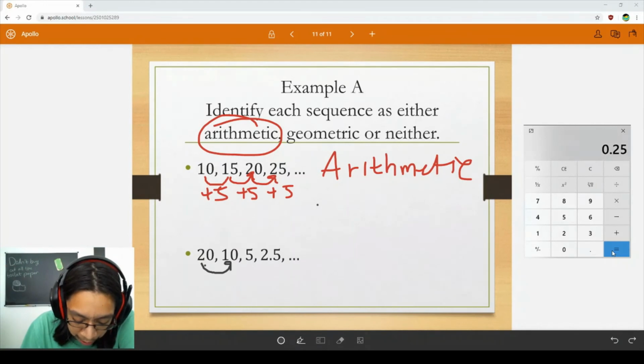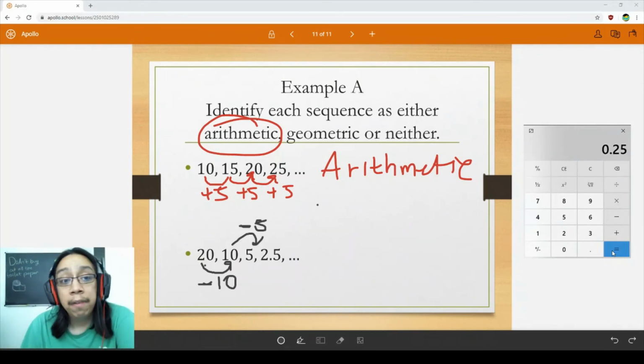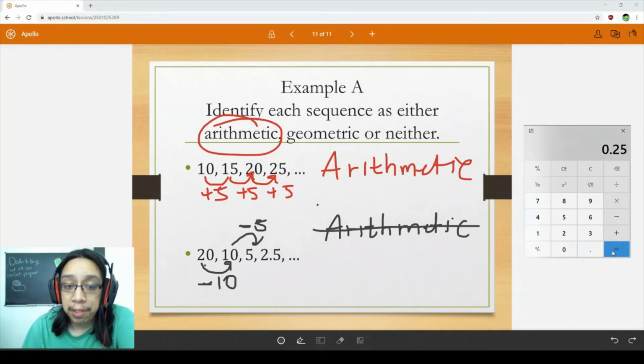Well, from 20 to 10, I'm subtracting 10. Okay. From 10 to 5, I'm subtracting by 5. That's not a good thing. Even though we're subtracting each time, I'm not subtracting by the same number. So that's how I know it's not going to be arithmetic.